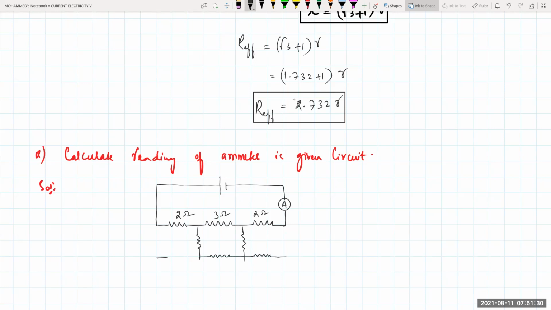This is also 2 ohms, this is also 2 ohms, this is also 2 ohms. So these are some terminals which have been given. This is A, this one is B, and this one is, say for example, C. This one is D, this one is E, and this one is F. And the potential of this one is 30 volt.